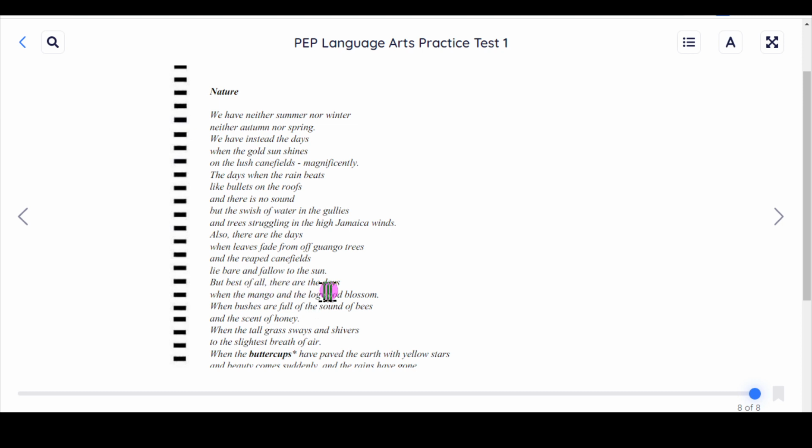But best of all, there are days when the mango and logwood blossom, when the bushes are full of the sound of bees and the scent of honey. This person knows what the bush is like, because you don't just smell wild honey like that. This honey is wild.